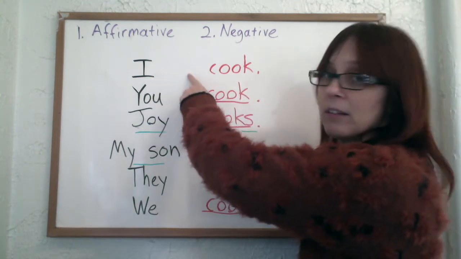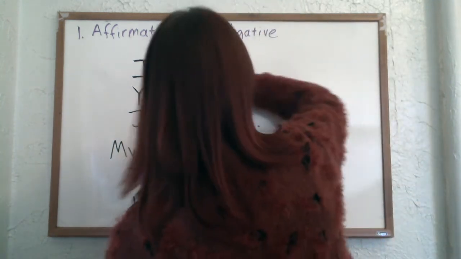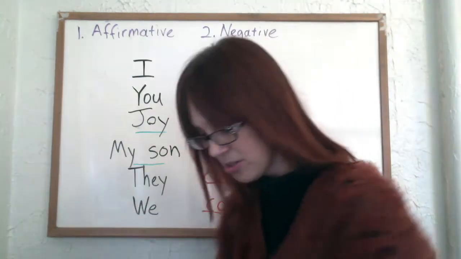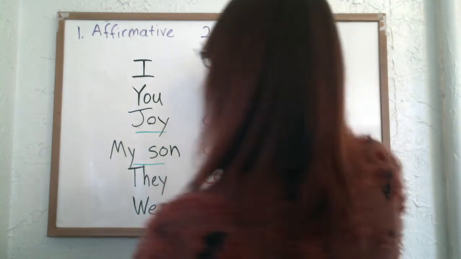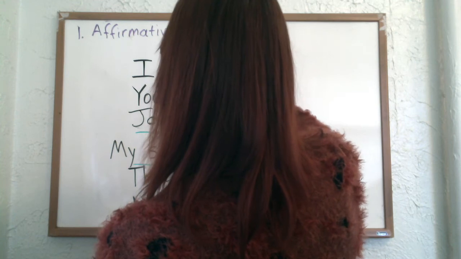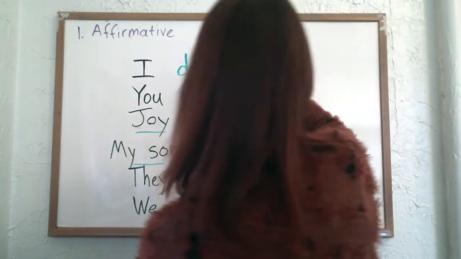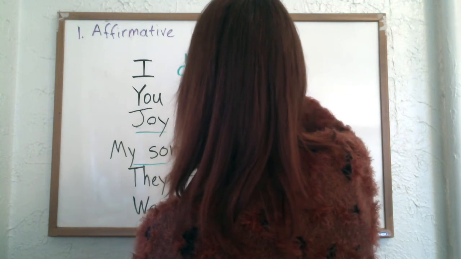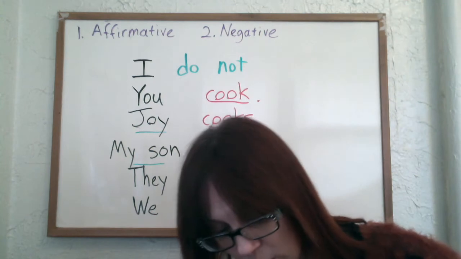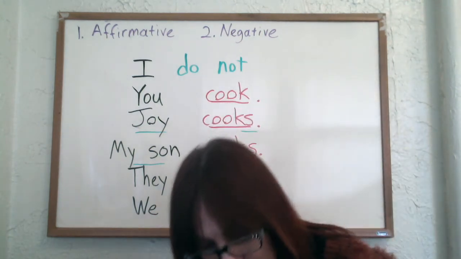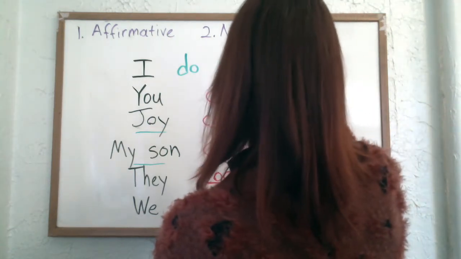I don't cook. Don't is a contraction. I do not. I do not cook. Where's my red marker? There it is. I do not cook.